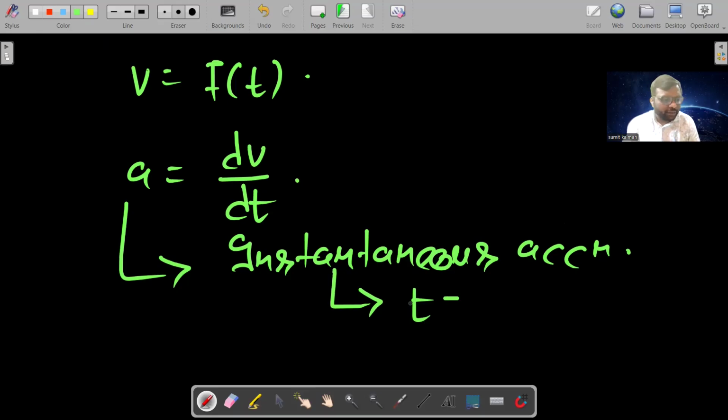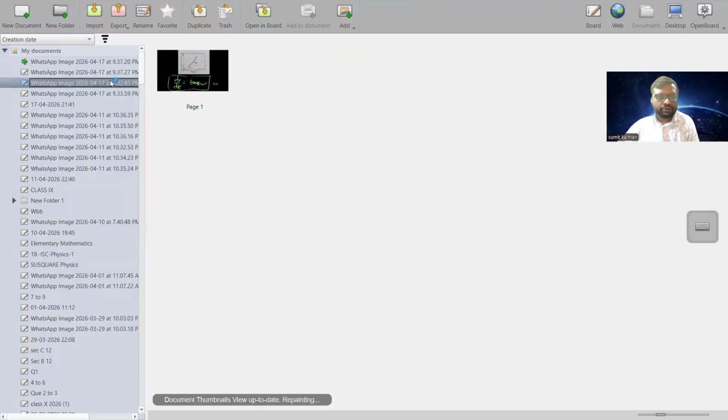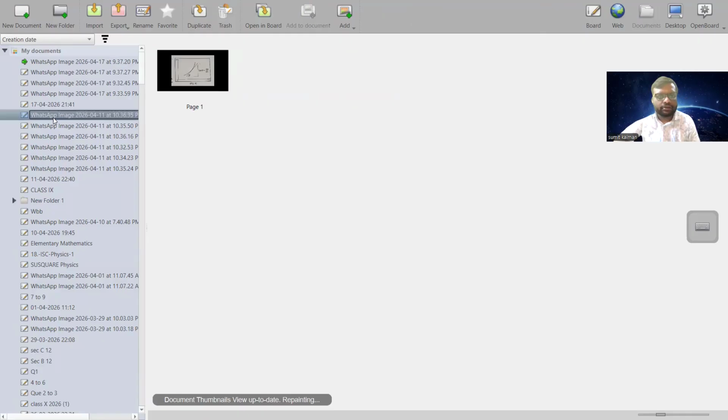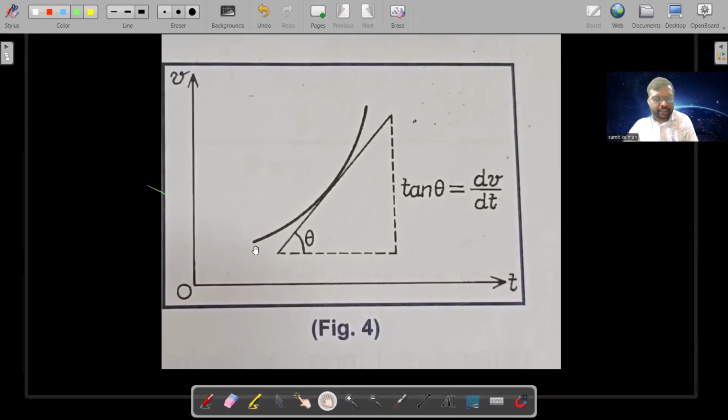We will talk about the graph between time and velocity next. Let me upload that. Now see. Now students, this is the graph between time and velocity, and the slope of the tangent at a point gives the instantaneous acceleration at that point.